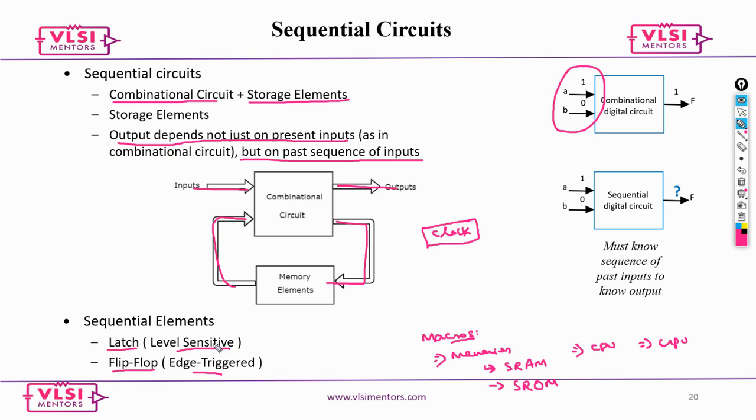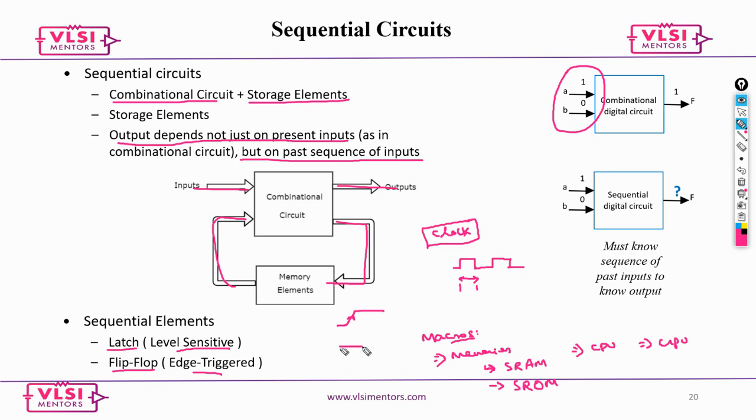Now let's say you have a clock, something like this. When you say a latch, it is level sensitive, specifically positive level sensitive. That means during this whole period the data can get passed. Whereas an edge triggered element triggers only during the rising edge, so it is called positive edge triggered.